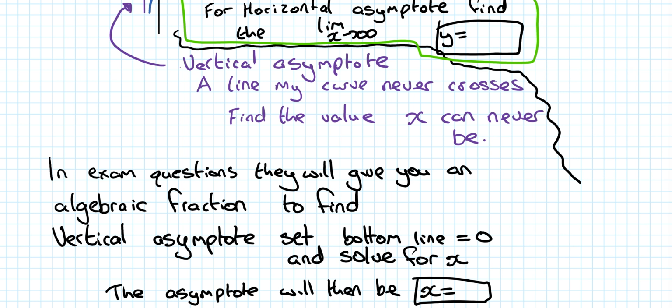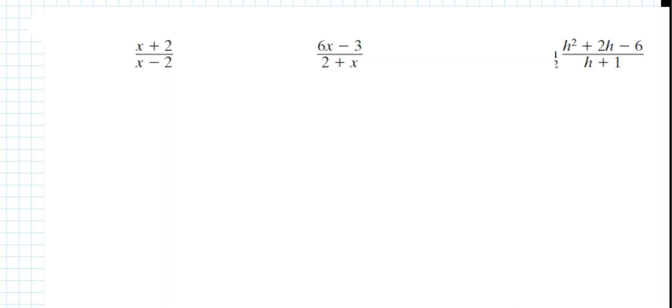So again, in exam questions, you're generally given an algebraic fraction, so to find the vertical asymptote, set the bottom line equal to 0. What you're doing here is finding the value that x can never be, because we know we can't have 0 on the bottom line, because the world would explode if we had 0 on the bottom line. So I'll show you what I mean by that.